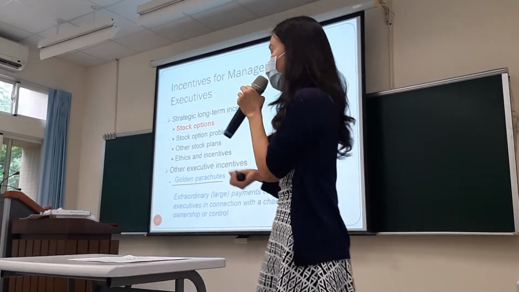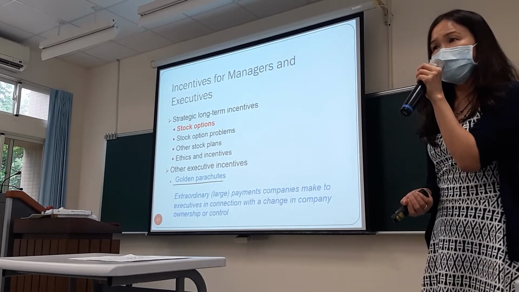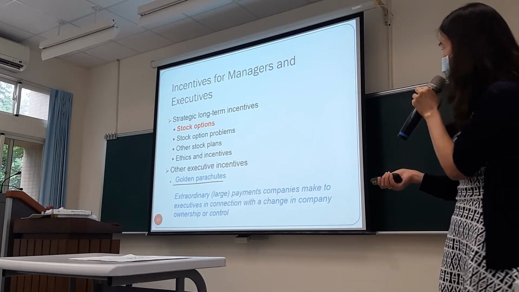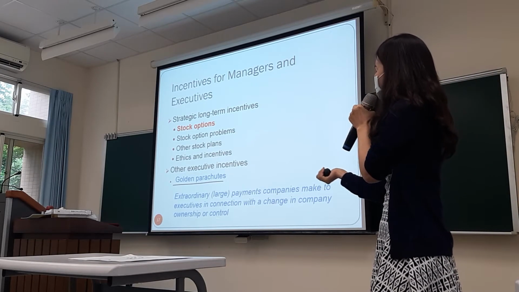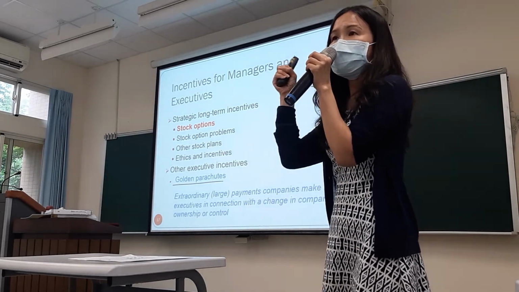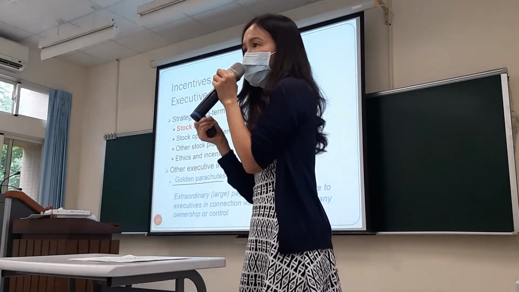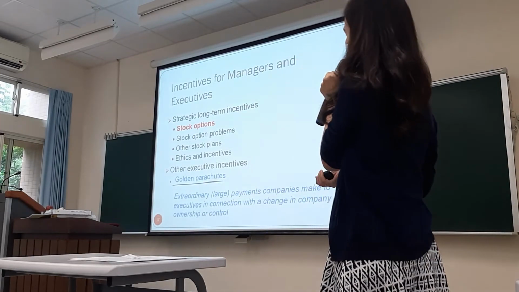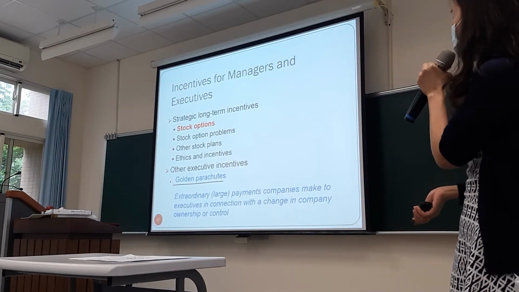So you sign this golden parachute with the company. If the company gets merged by another company and you no longer keep your position, that's a golden parachute. So of course, you get the big money.